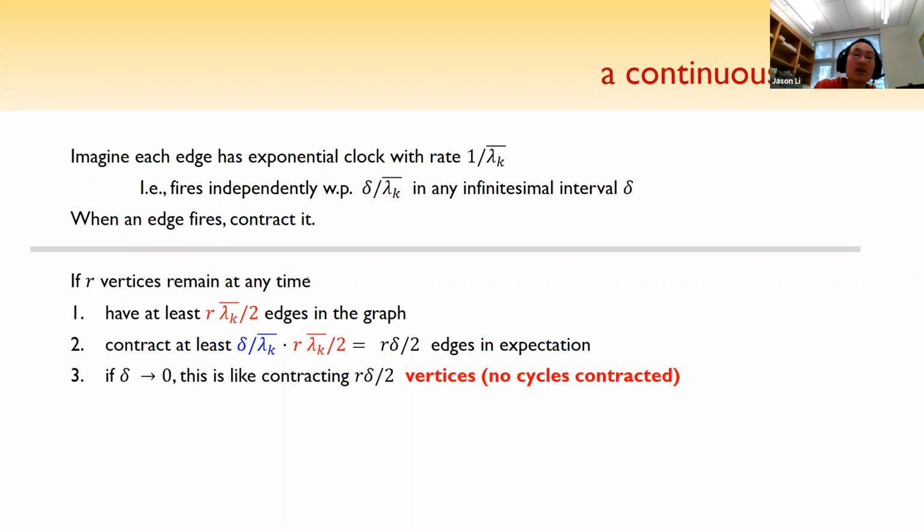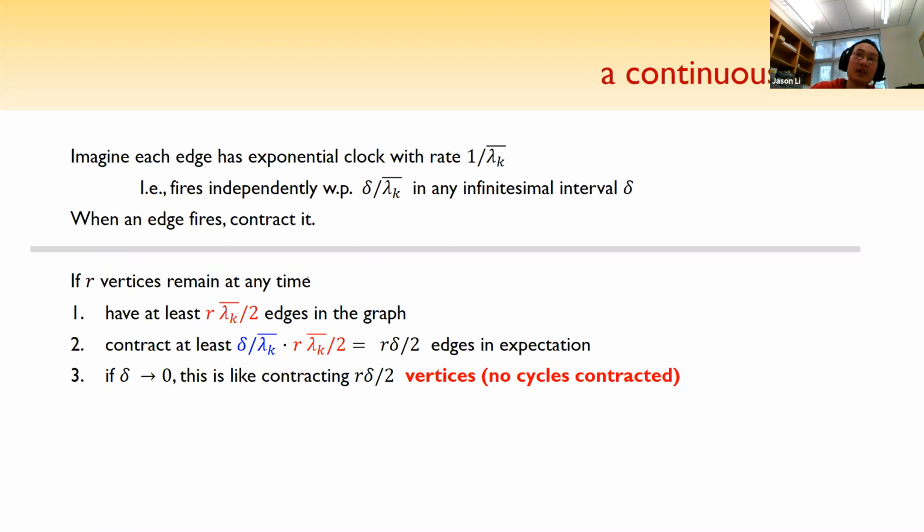Now, we want to claim that contracting r times delta over 2 edges decreases the number of vertices by r times delta over 2. This is true as long as we don't contract any cycle, because every edge that we contract should decrease the number of vertices by 1.